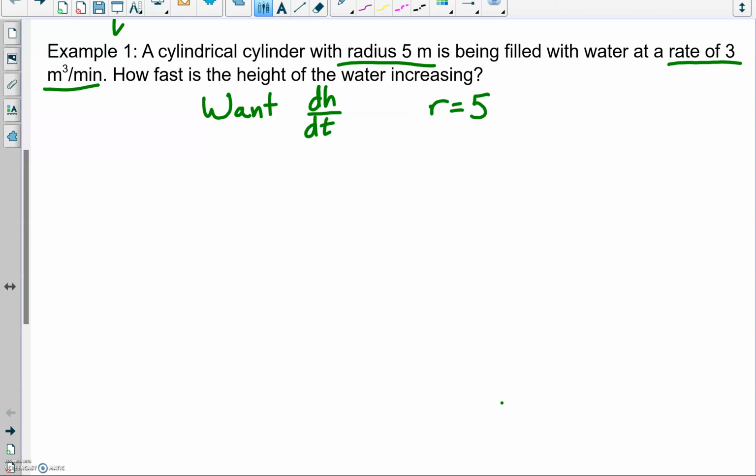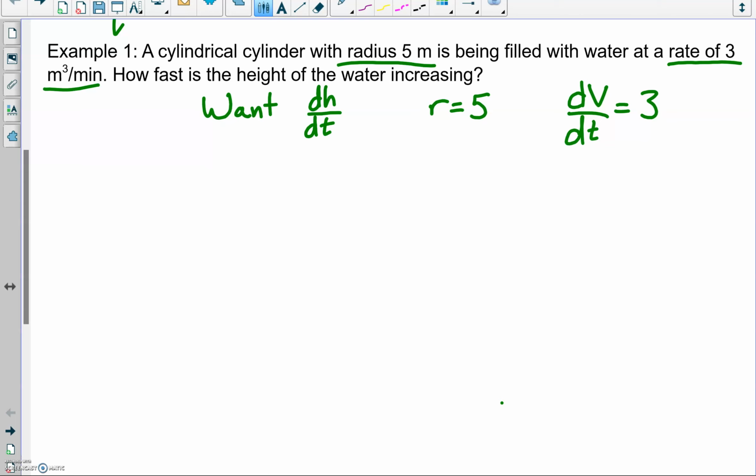Meters cubed is a volume, so it's a change in volume over time. They're actually giving me dV/dt, and this is going to equal 3. So these are some of the pieces. We want dh/dt, and all they've given me is r is 5 and dV/dt equals 3.